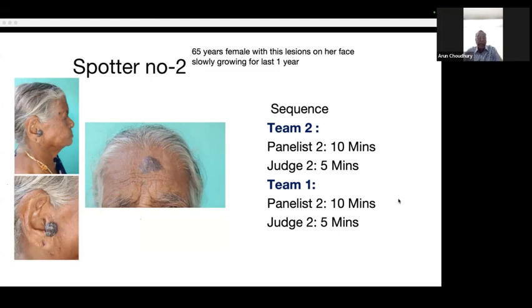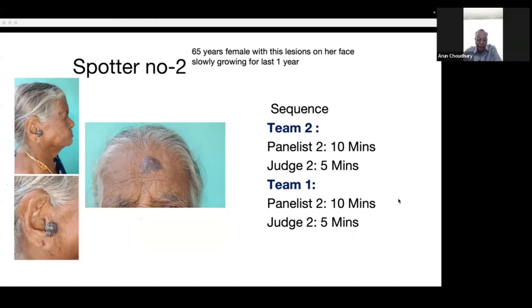What are the predisposing inherited syndromes associated with basal cell carcinoma? Could you follow my question, or shall I repeat it? Nevoid basal cell carcinoma or Gorlin syndrome. Yeah, the Bazex syndrome. Yes.